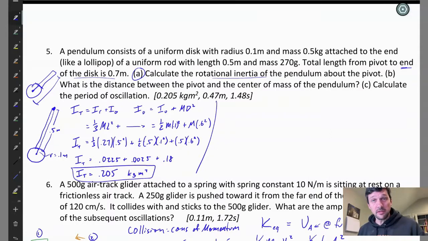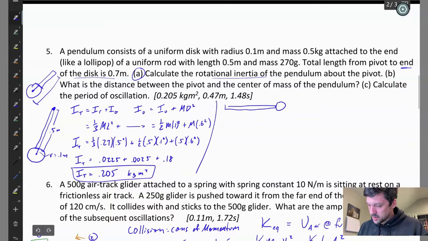All right, let's find the center of mass. I'm going to treat this as though it's on its side at the moment, just so I can use x. So the x center of mass is m1 at its location plus m2 at its location over the total mass, m1 plus m2.